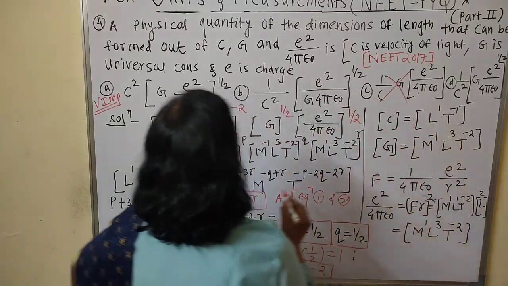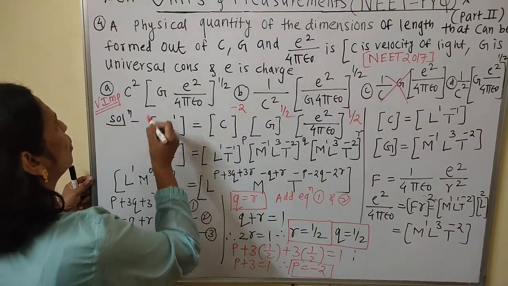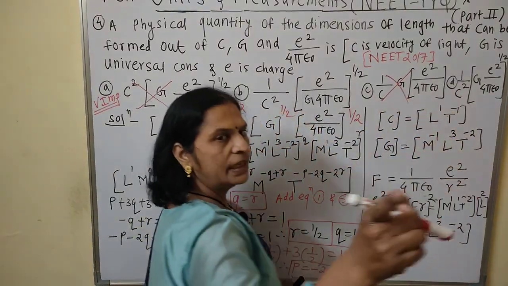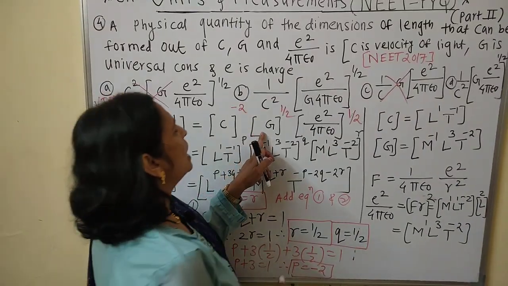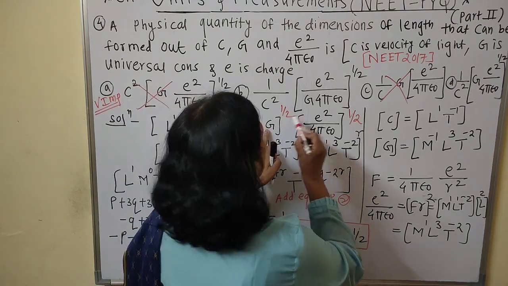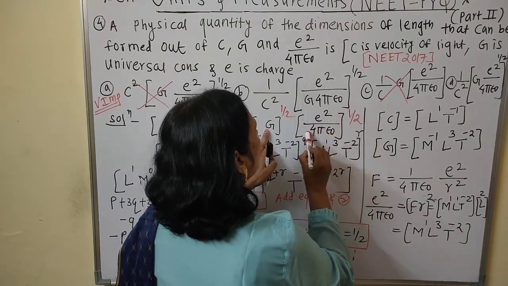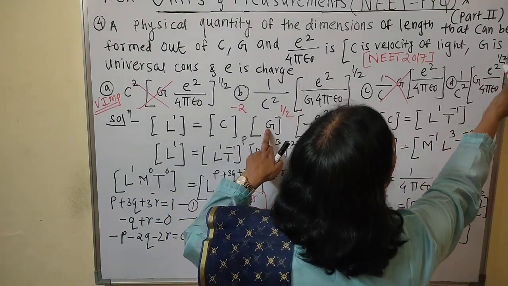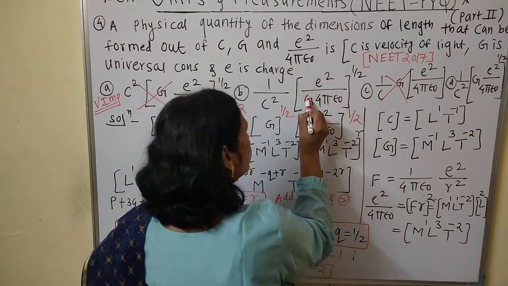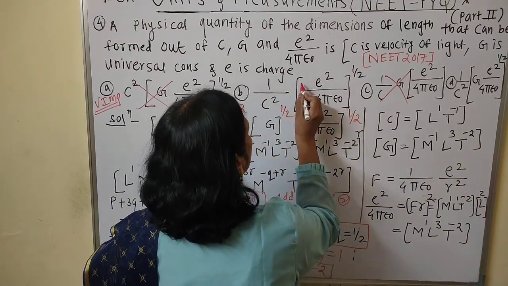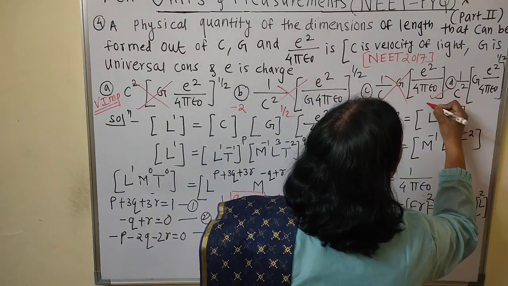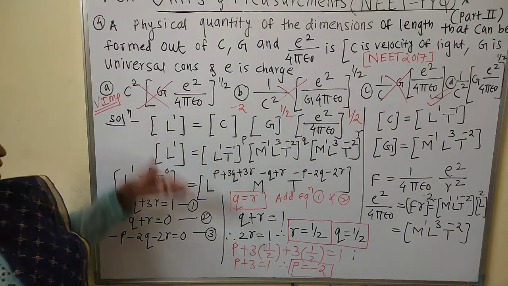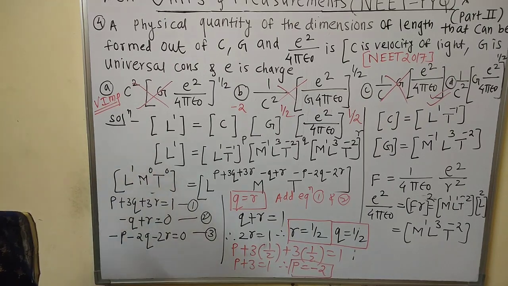Means this option is wrong, this option is also wrong, because C square is there. Out of these two we have to select any one. Now G into 1/2 means G into e square by 4 pi epsilon naught raised to 1/2, and in this case G is divided by, and therefore this option is also wrong, and the correct option is option D. And in this manner we can solve this type of numericals.